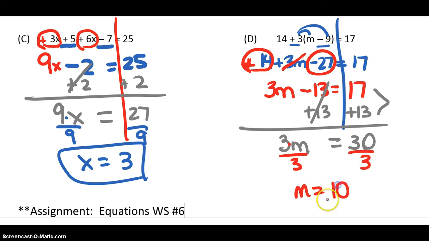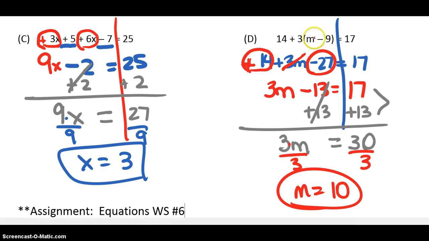M equals 10. To make sure you're right, you can go back up to the top and plug it in. And if I plug in a 10 here, I get 10 minus 9 is 1. 3 times 1 is 3. 14 plus 3 is 17. So it checks out.